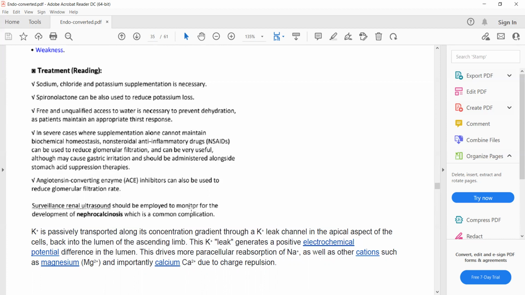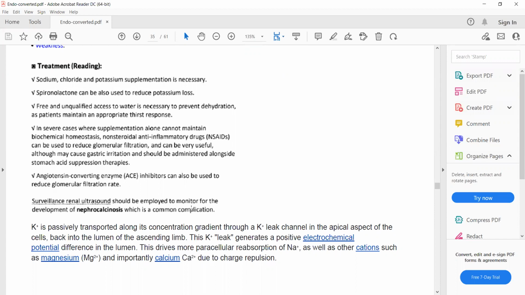In severe cases where supplementation with sodium chloride and potassium alone cannot help, in those cases we can use NSAIDs, non-steroidal anti-inflammatory drugs. You all know that NSAIDs reduce the glomerular filtration rate because they decrease the synthesis of prostaglandins.